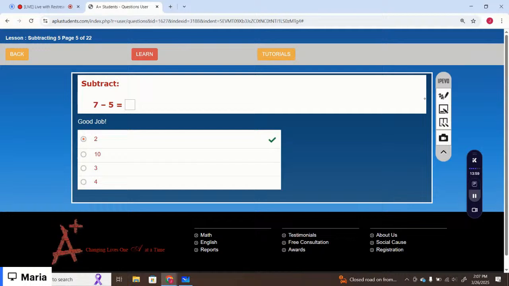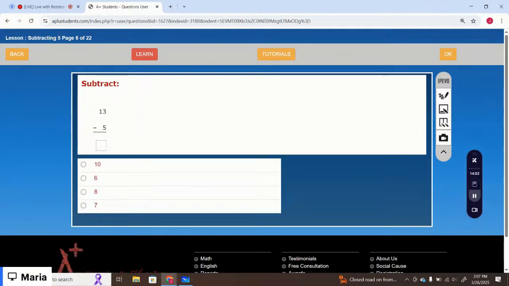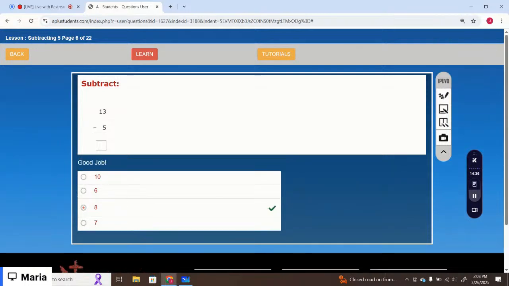Option number 1 is the correct option. 13 take away 5, which is the correct option? 13 take away 5 is 8. Option number 3 is the correct option.